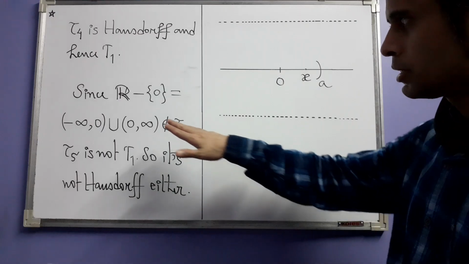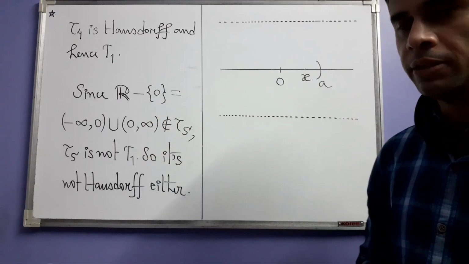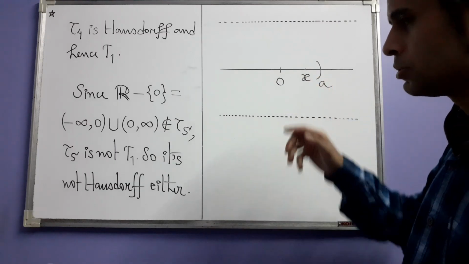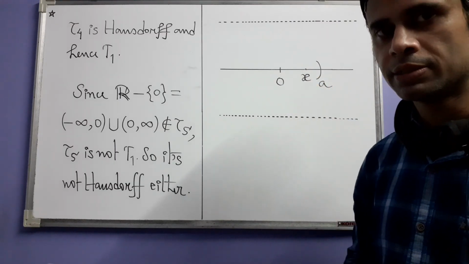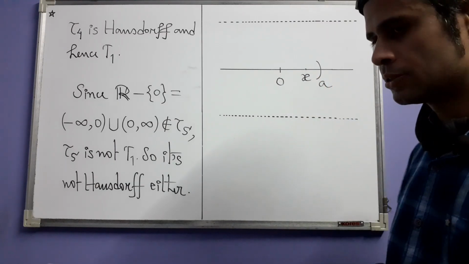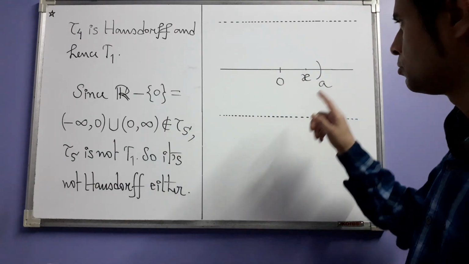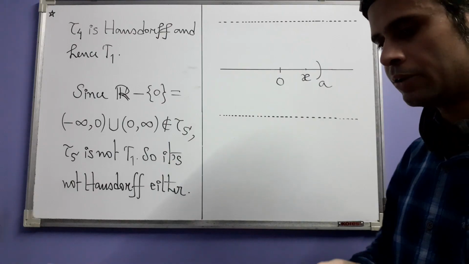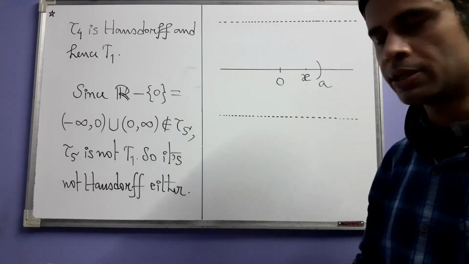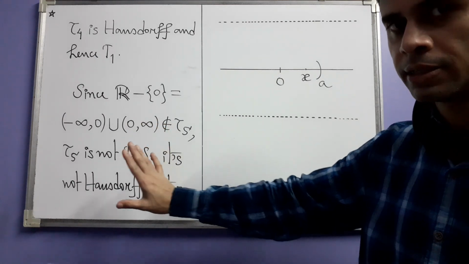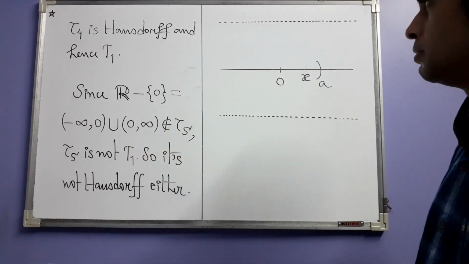Now we are supposing that this is open. What does it mean? It means, among other things, that if you choose an arbitrary point from the set, then there exists a basis element in the topology which will contain that point and will itself be contained entirely inside this open set, for which this should happen.